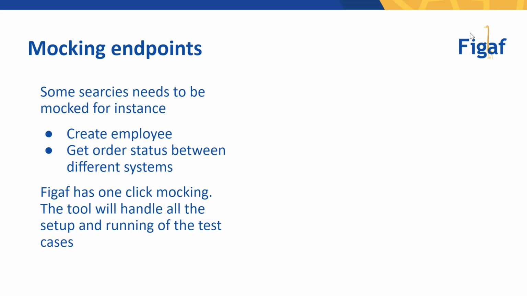Second time you run it, you will get, hey, employee already exists. And then you need to find different ways that you can override this value and make sure that you can always create employees on this. And this will add a lot of complexity to the solution to make sure that you can always create the employee. What this will do is, if you have switched this on, the Figaf system would act as a mock service. So let's see this in action.